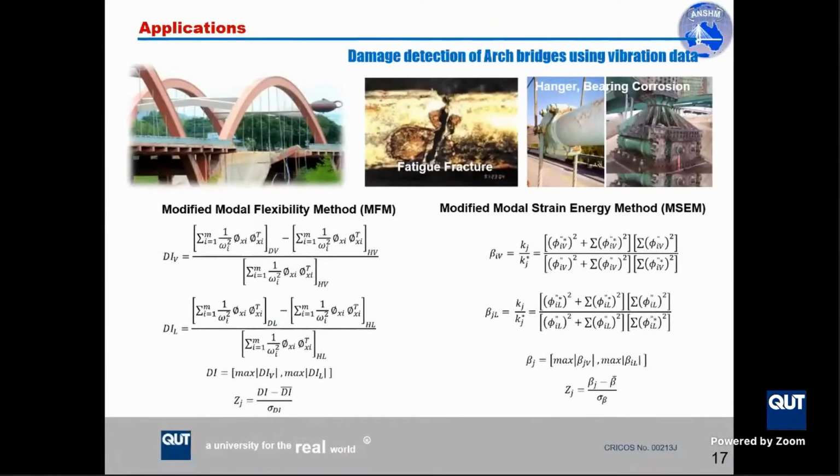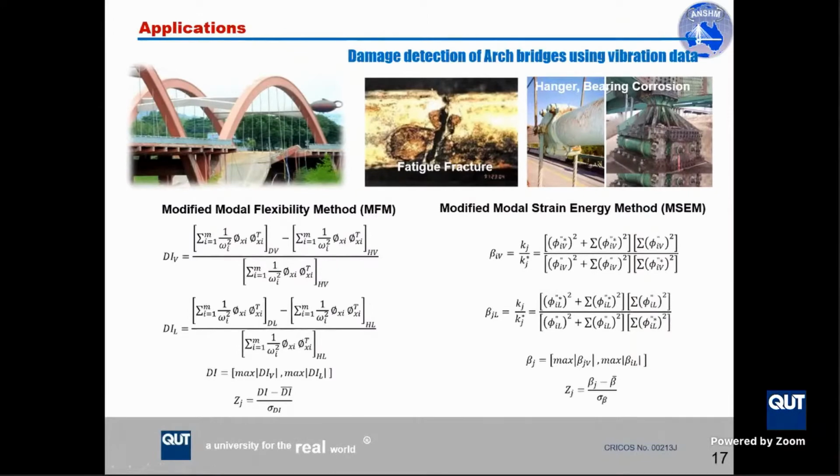This slide shows damage detection methods for arch bridges using a modified modal flexibility index and a modified modal strain energy index. The indexes are based on the separation of the mode shape in vertical directions and horizontal directions.